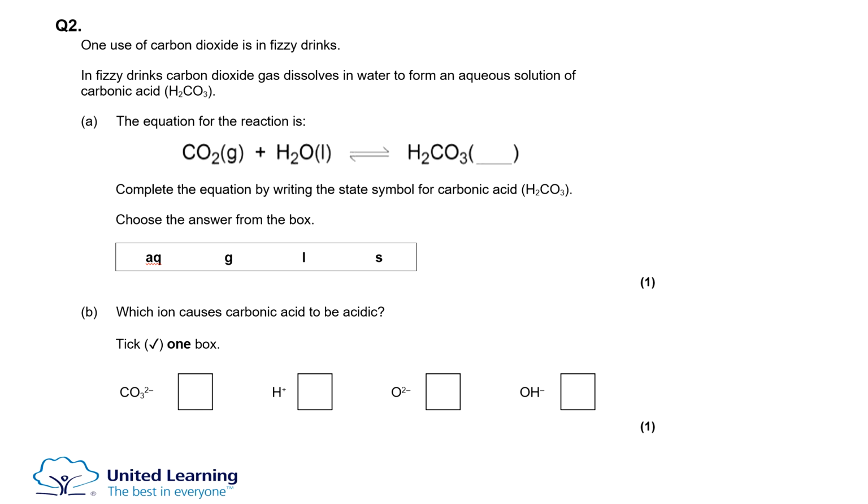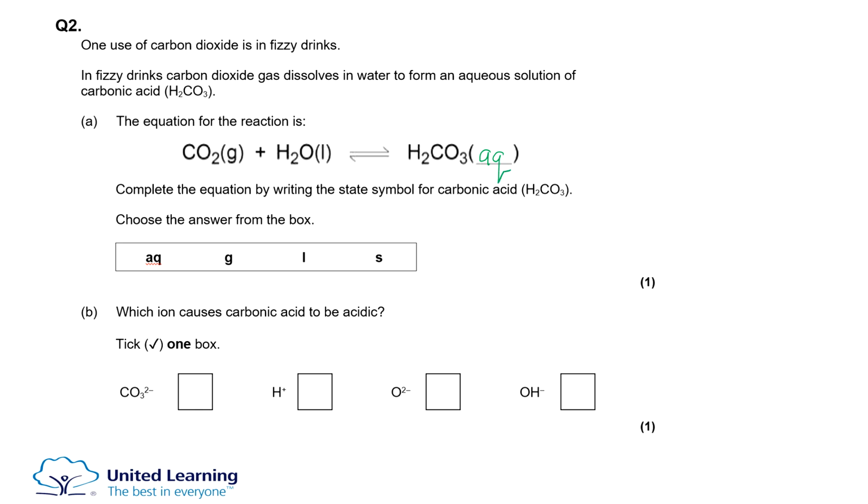Now it tells you in the question it's an aqueous solution, so hopefully you could deduce from the options given underneath, choose the answer from the box, that it is in fact aqueous, and it asks you to write it in, so make sure you write it in the space provided.